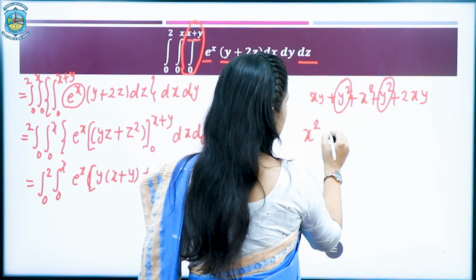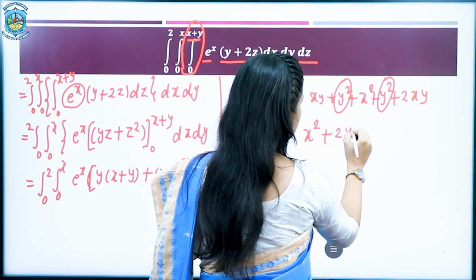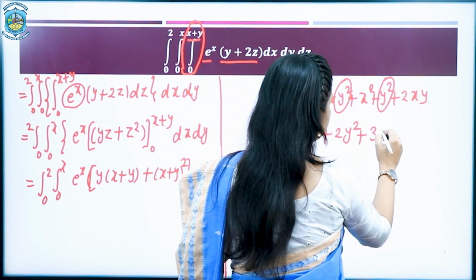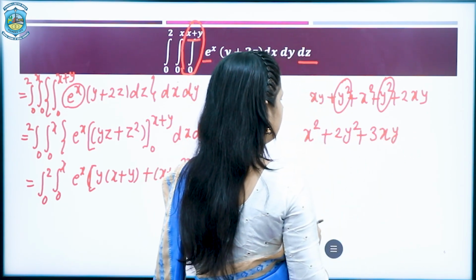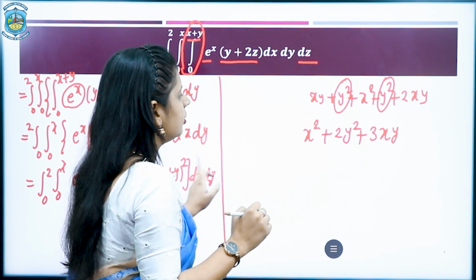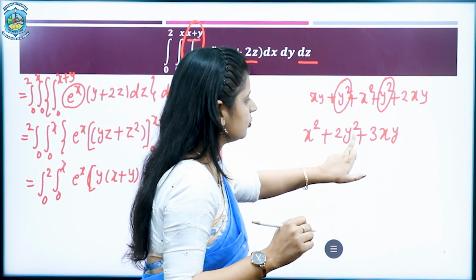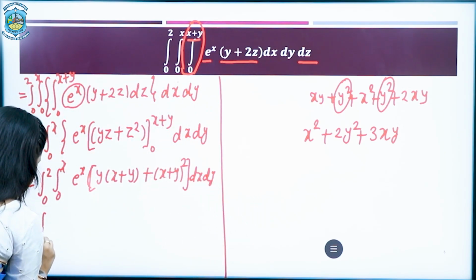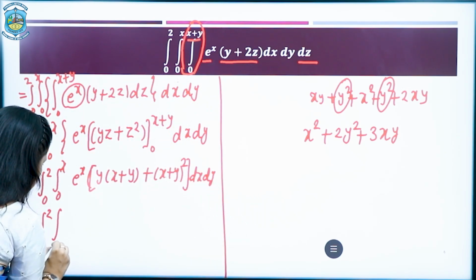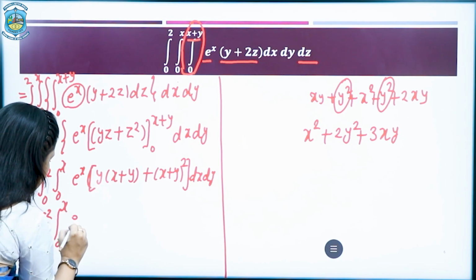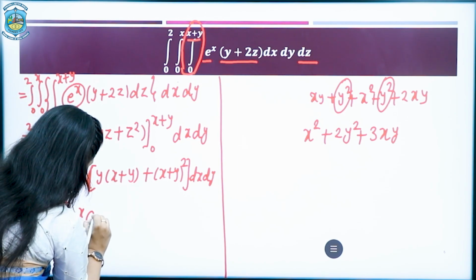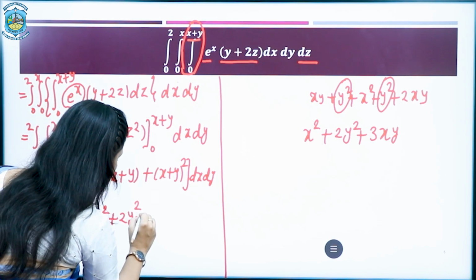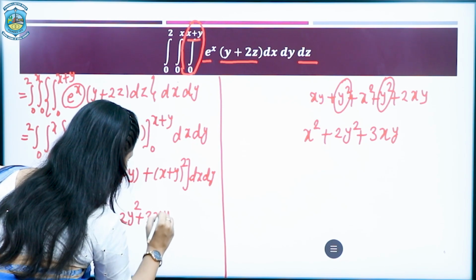So first x square as it is, plus 2y square, plus 2xy plus xy will give us 3xy. So on solving, we get x square plus 2y square plus 3xy. So now we can write integral 0 to 2, integral 0 to x, e to the power x multiplied with x square plus 2y square plus 3xy.